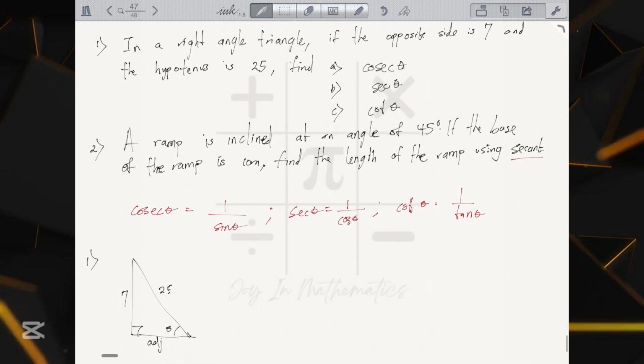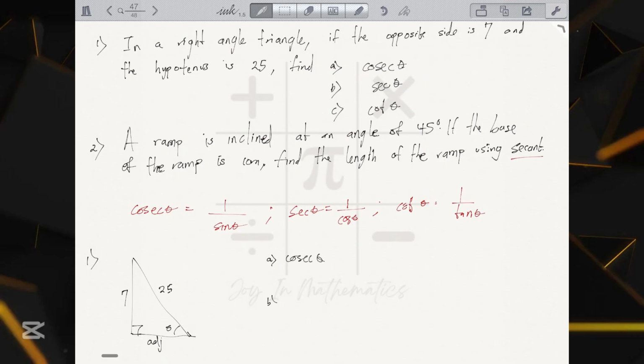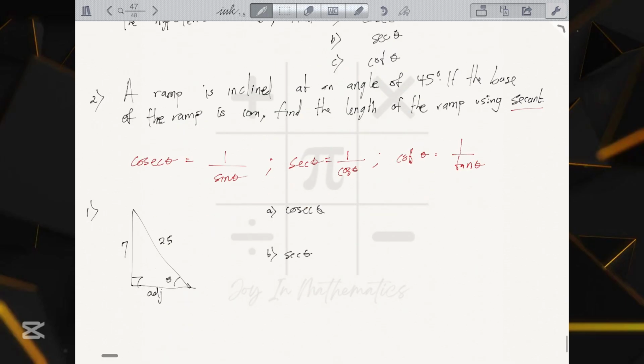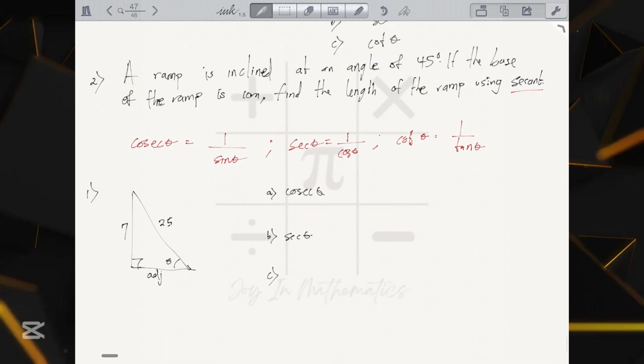The opposite side is 7, as shown here. The hypotenuse side is 25, as is represented here. And let's look for cosec theta, sec theta and also cot theta.